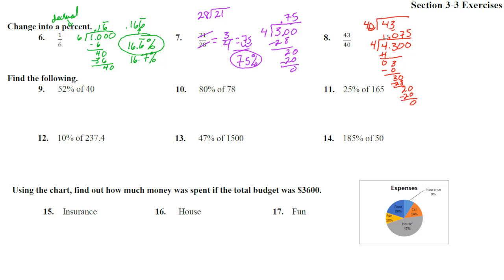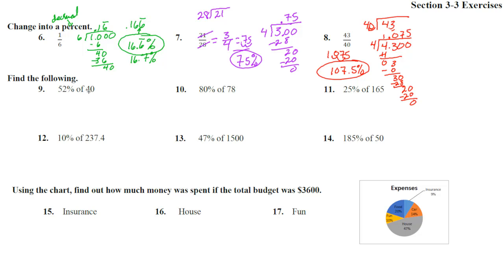All right, so 1.075, that's the decimal. So remember, we now change it to a percent, so that is 107.5%, which makes sense according to what we saw at the beginning. We're just over 100% here. Cool.